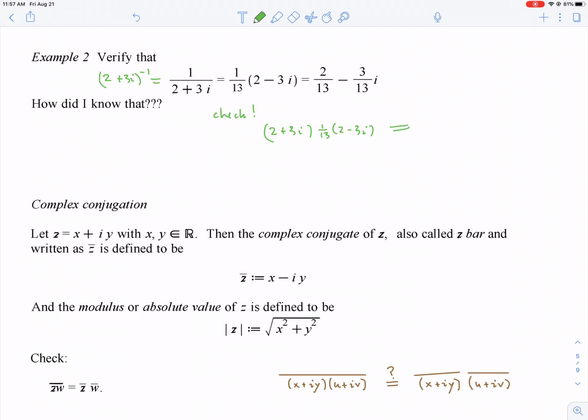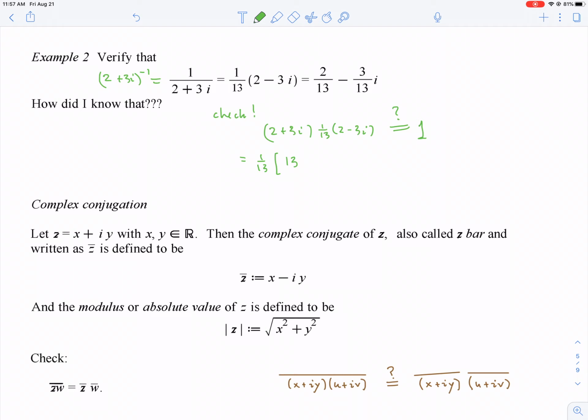We're supposed to get 1. Okay, well, this 1/13, I can put it anywhere I want in the product, so let me just take it out to the front. And then you'll see that when I do the product, I'll get 4 plus 9 for the real part, which is 13.